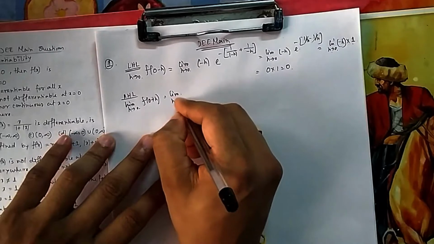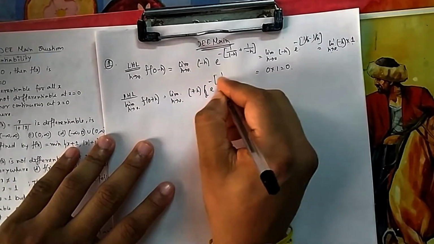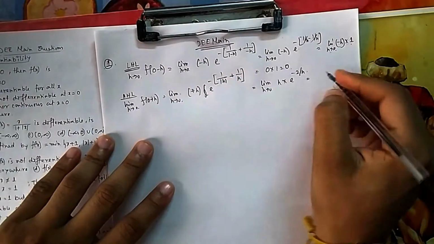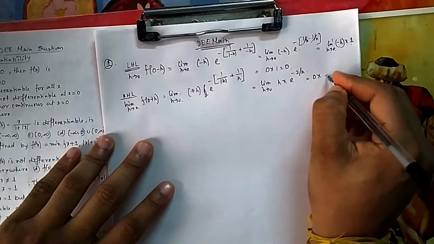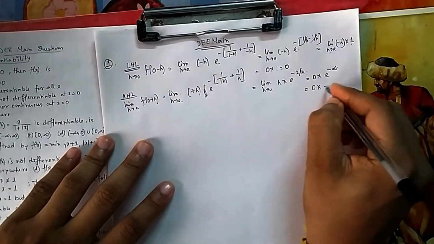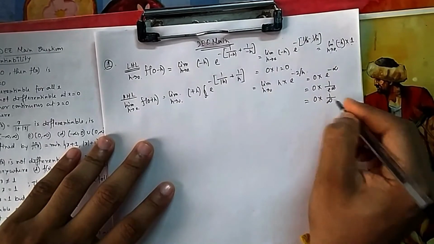Similarly here also, if you go this way, it will be plus h e to the power 1 by mod h minus 1 by h. If you now put h equal to 0, it will be e to the power minus 2 by 0, which is infinity, so 1 into 1 by e to the power infinity, which is 1 by infinity.